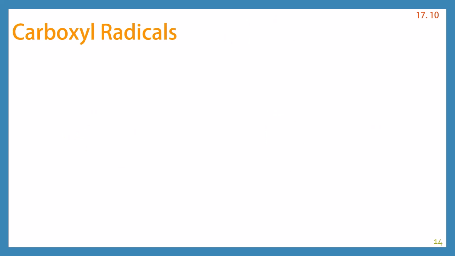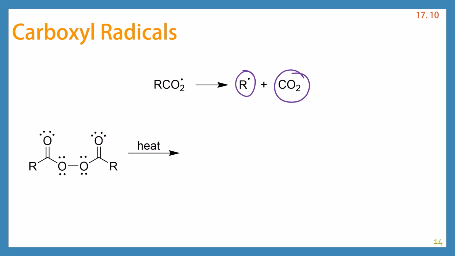We can also experience decarboxylation through a carboxyl radical. So a carboxyl radical is going to be a carboxylic acid or carboxylate that has one extra electron. It's a radical. It's going to give us an alkyl radical and carbon dioxide in the products. So in order to do that, we're going to have homolysis of the bond there.